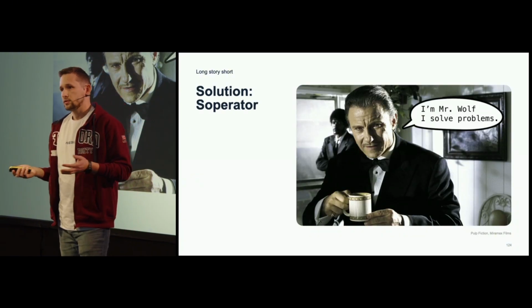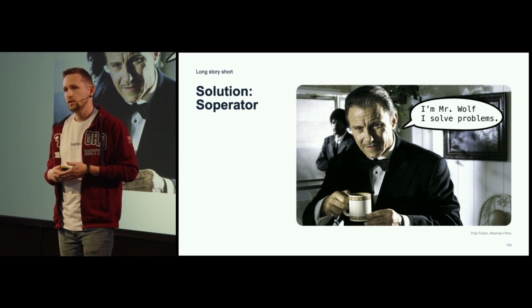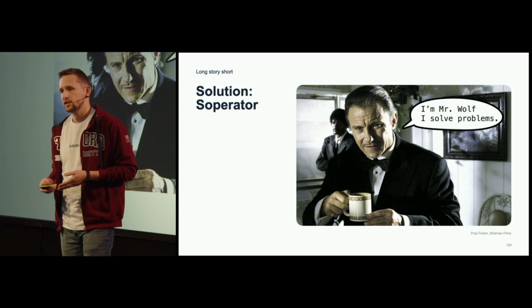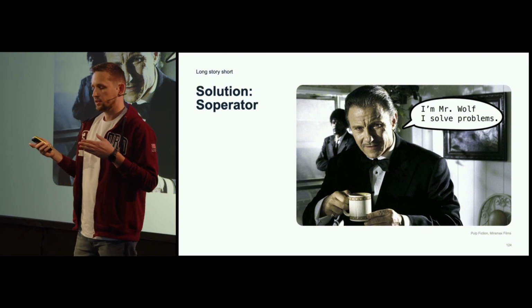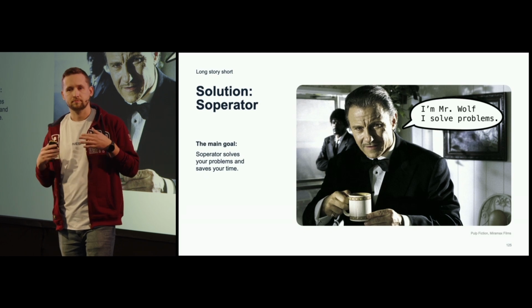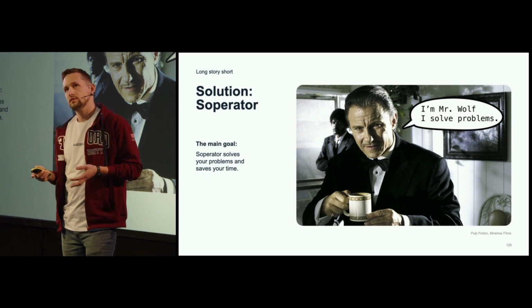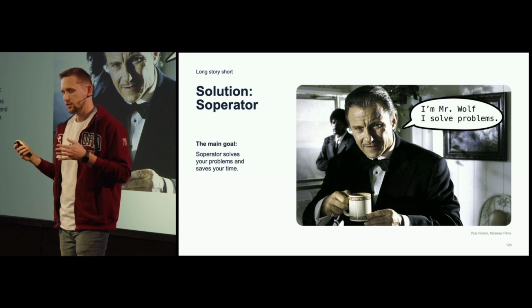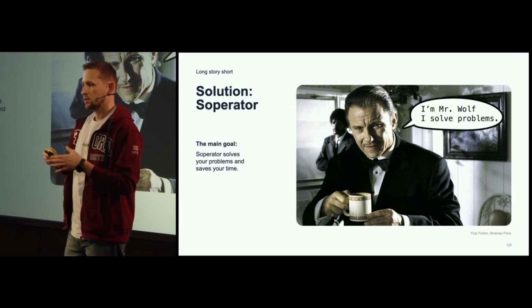It's complex, and we understood the challenges, and we believed that Soperator can make it easier. I would say the main goal of Soperator is to save you time managing Slurm clusters.